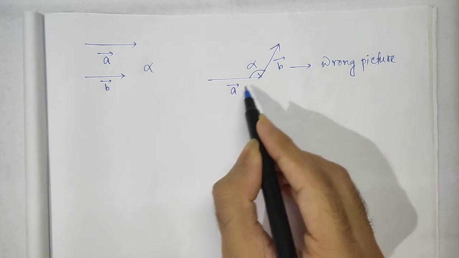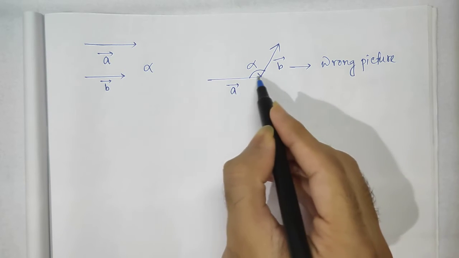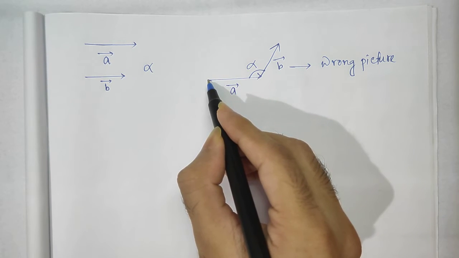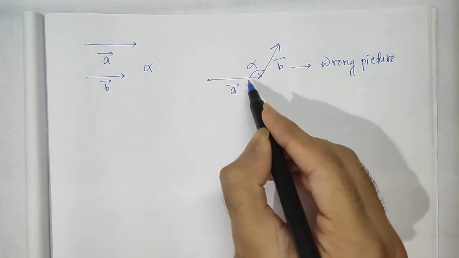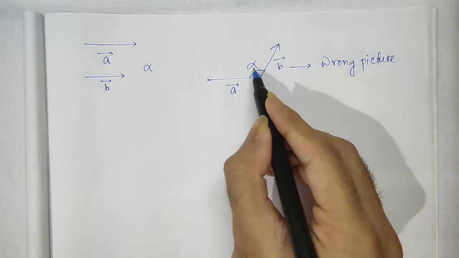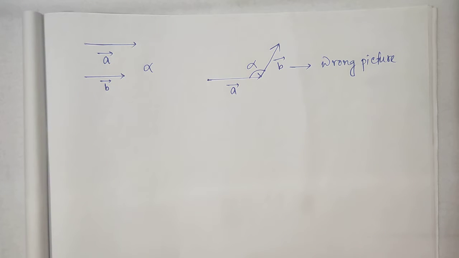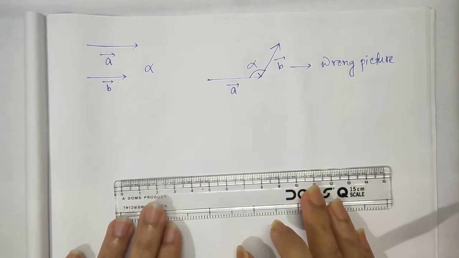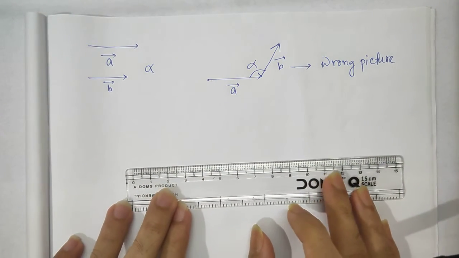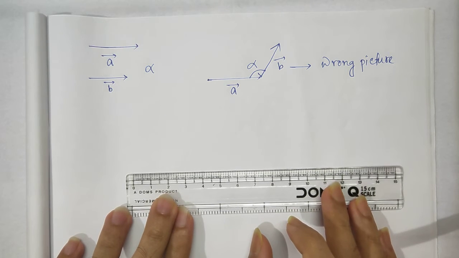Here the starting point of the vector B is the end point of the vector A, and this will not be valid. So what will be the correct picture? I am drawing this right now. Here I am choosing the vectors A and B arbitrarily.